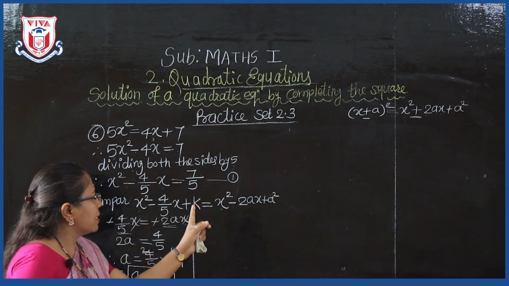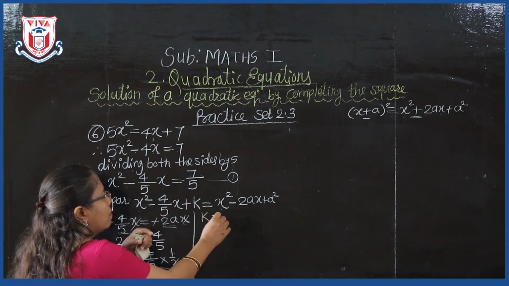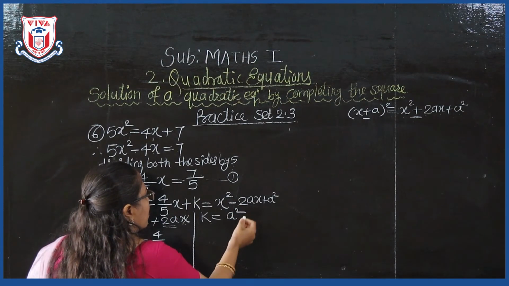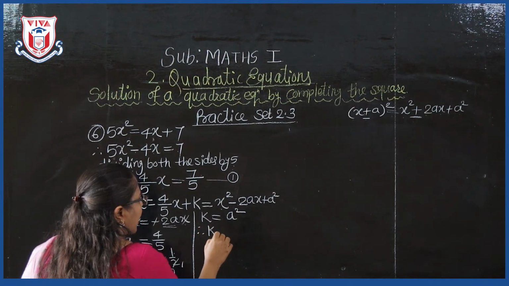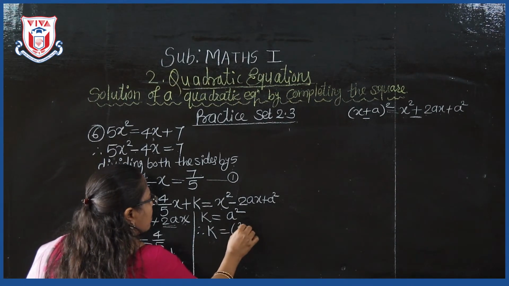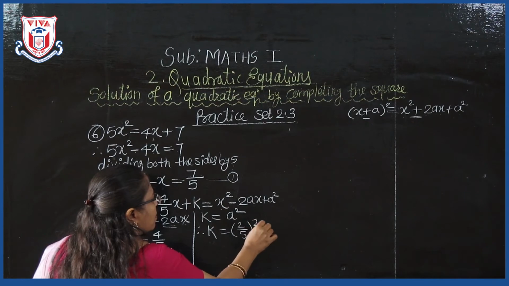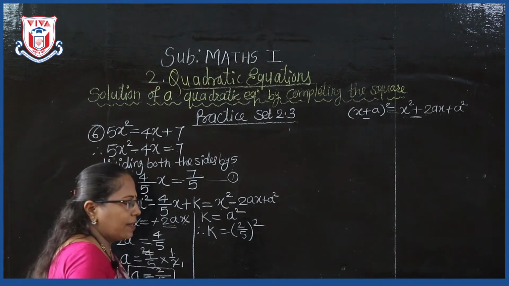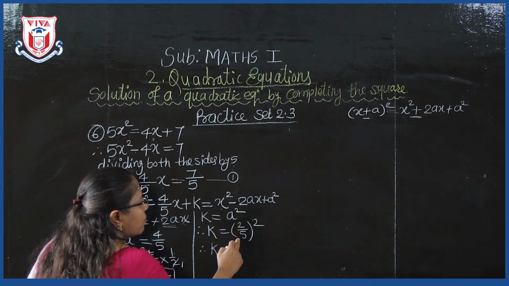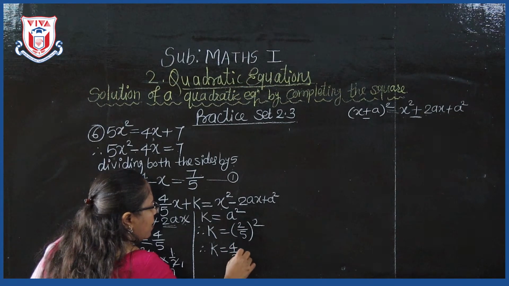But we have to find out the value of k. Now compare this. Now k is equal to a square. So therefore, k is equal to the value we got, 2 upon 5 square. Okay. Therefore, k is equal to 4 upon 25.